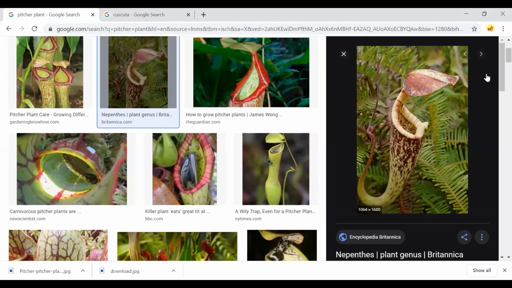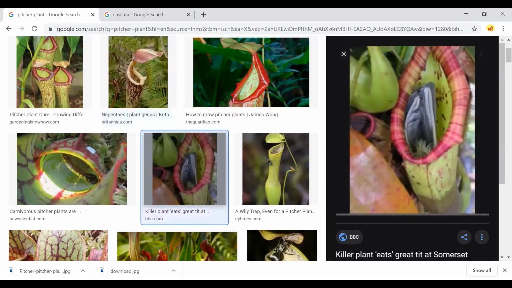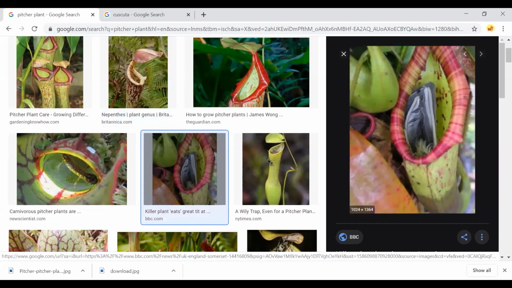You can see clearly the leaf is in a pitcher-like structure, and the top of the leaf is converted into a lid. To show you the hair-like structures inside it, you can see the small hairs that are protruding inside. Is it visible to you?